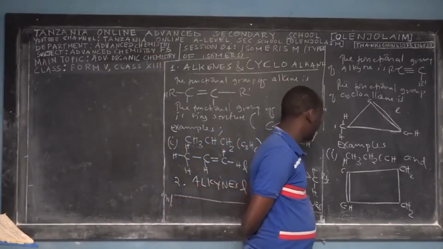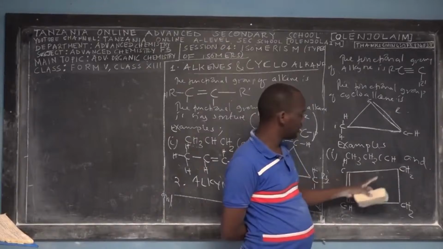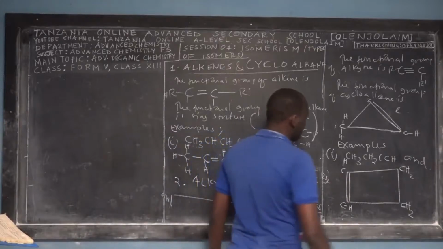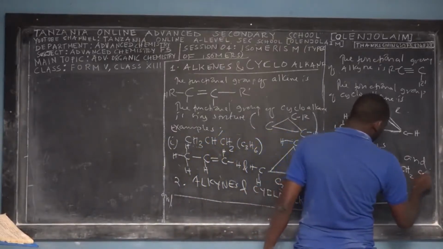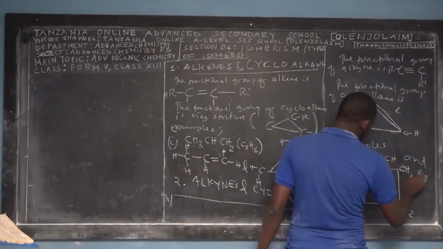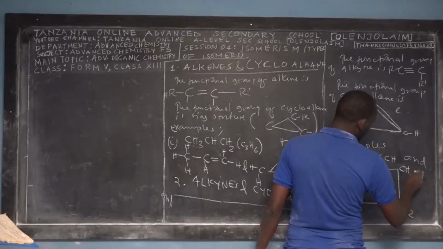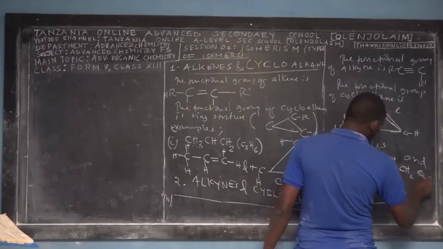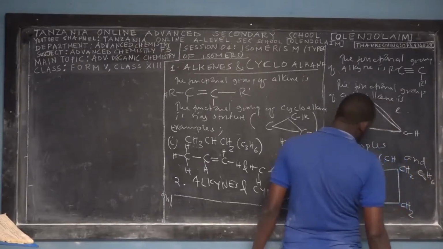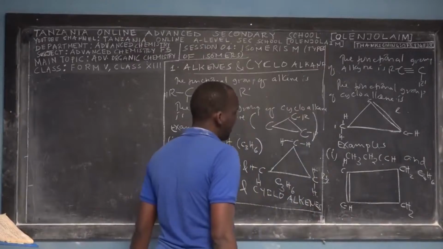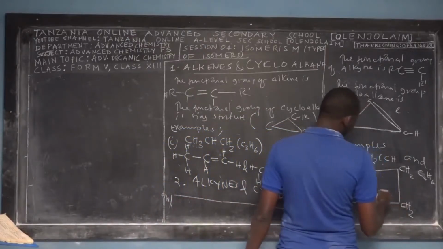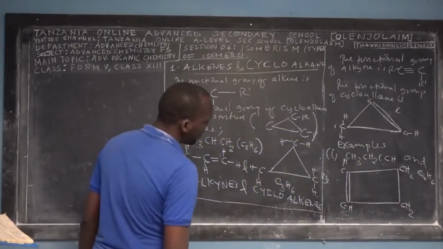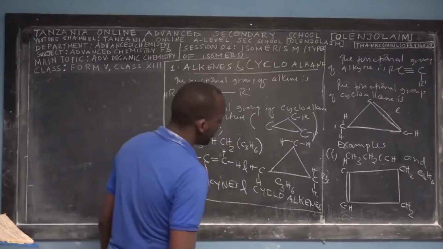Here you have 1 triple bond, and here you have a double bond. If you write the molecular formula of this one, it is C4H6.